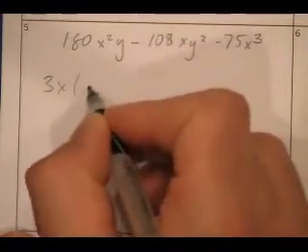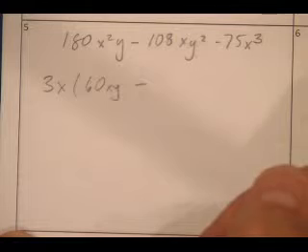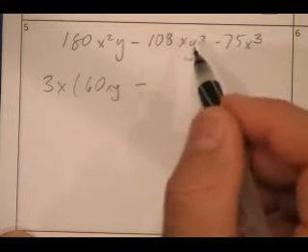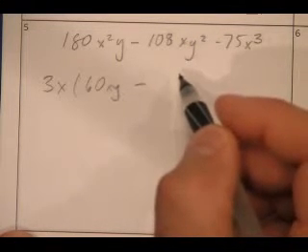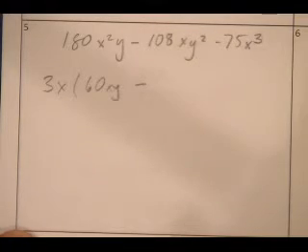And let's see, 3 goes into 180 60 times, so I get 60xy minus, 3 goes into this, let's see, 36 times, yeah, that seems right, 36.